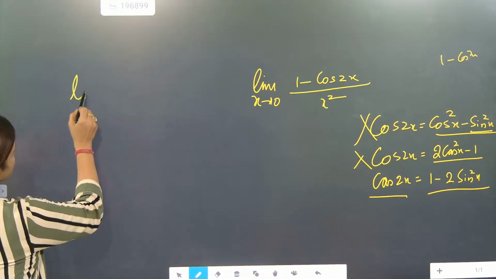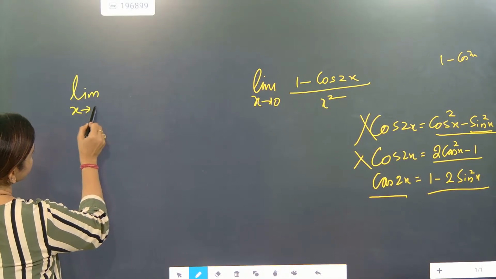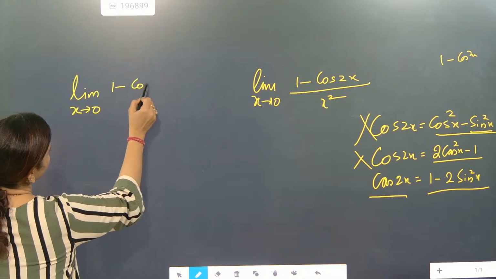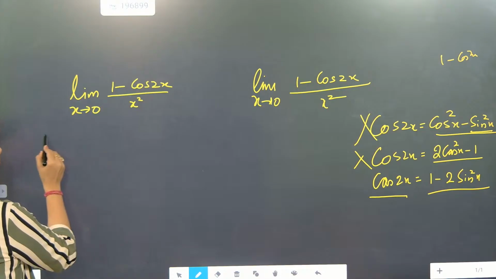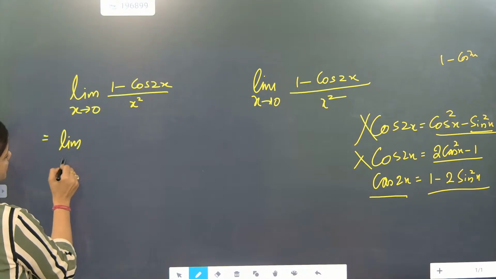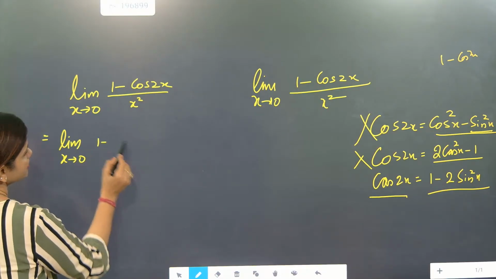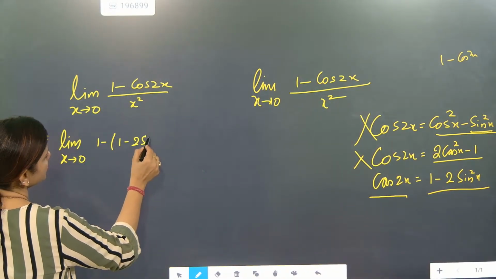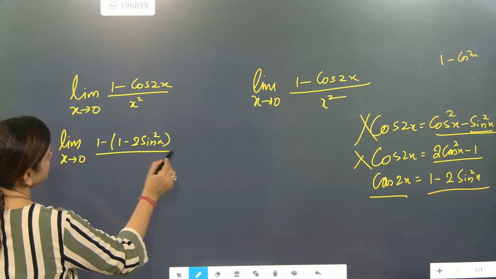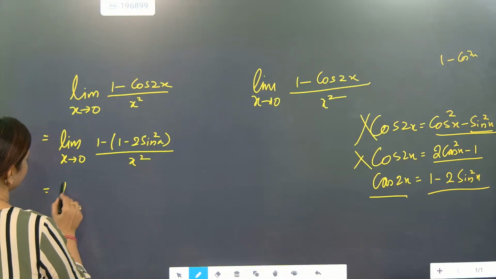The question was limit x tends to 0, 1 minus cos 2x by x square. So what will we do? Limit x tends to 0, 1 minus, instead of cos 2x, can I write 1 minus 2 sin square x, by x square? Now look here.